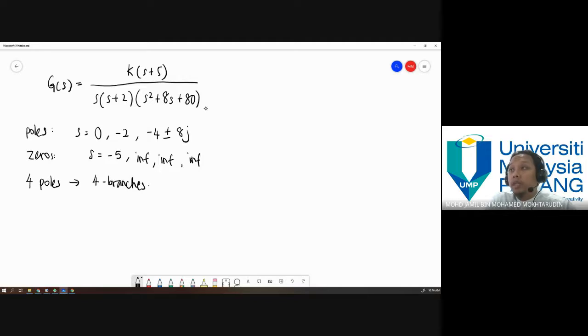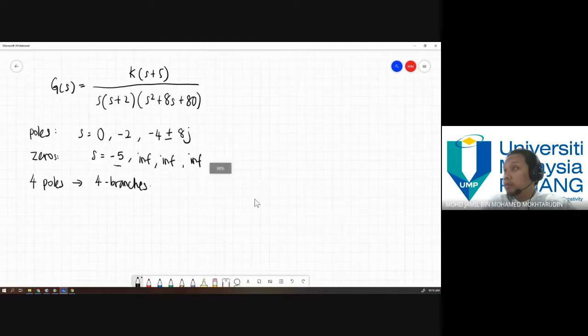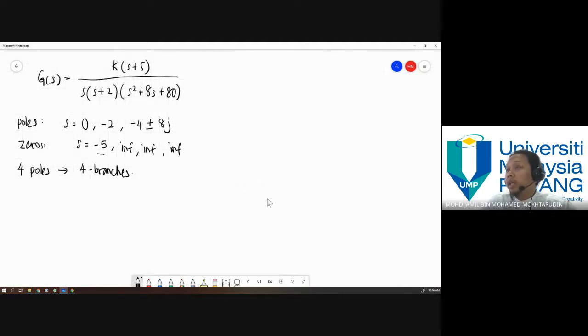One of the branches will go to this negative 5, and the other 3 will go to infinity. So we roughly get the idea of how the root locus will look like, and now we can roughly sketch the poles and zeros on the S-plane.